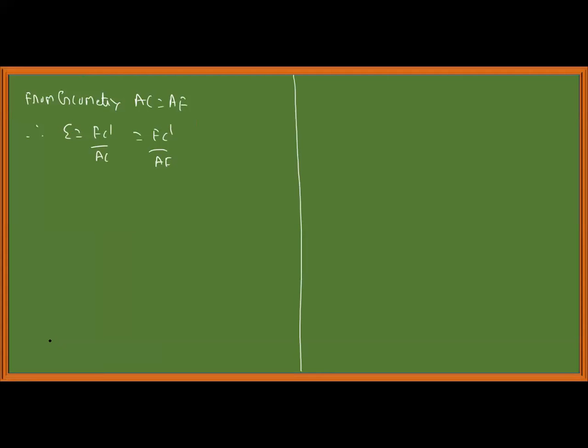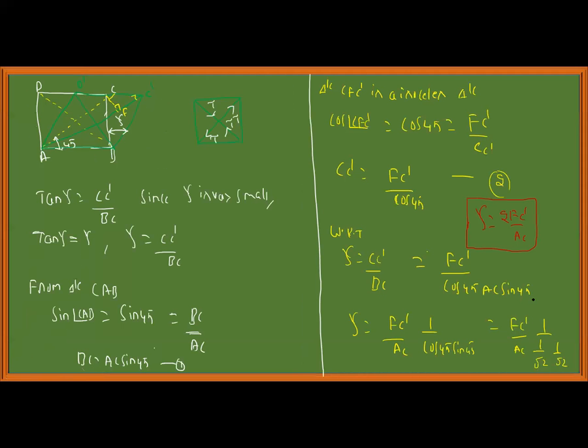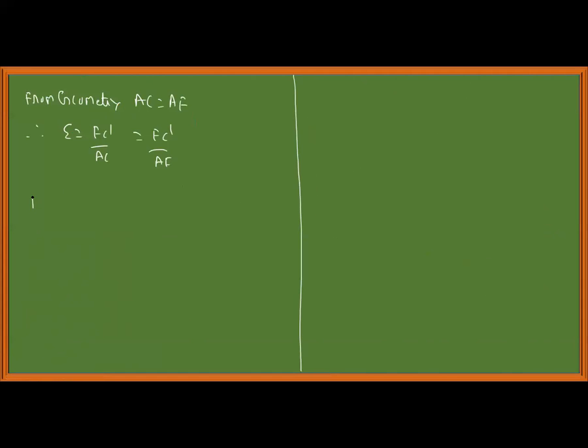So from this equation, if I call this 3, gamma is equal to 2 times FC' by AC.